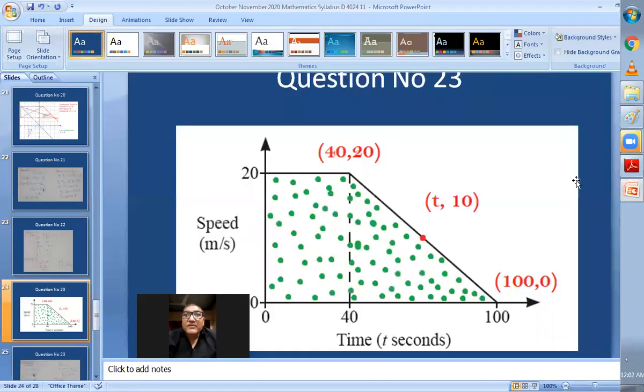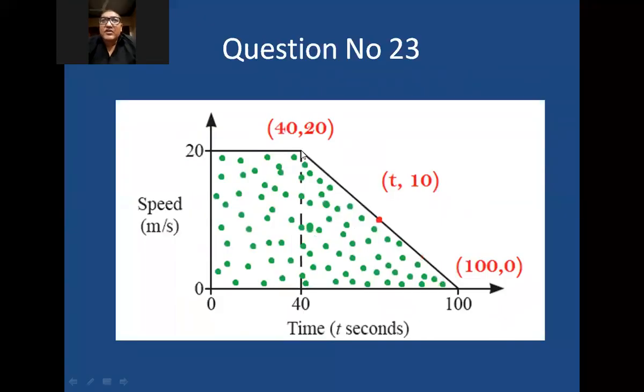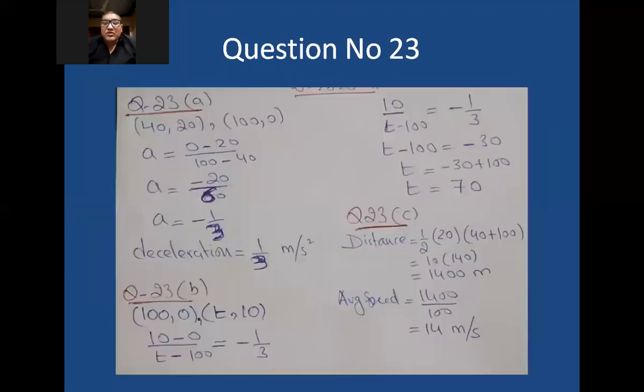I need to find the deceleration of this line. So let me show you my work. This diagram is very important. Take this point, its coordinates are 40, 20, and take this point, its coordinates are 100, 0. Then I will apply the formula.